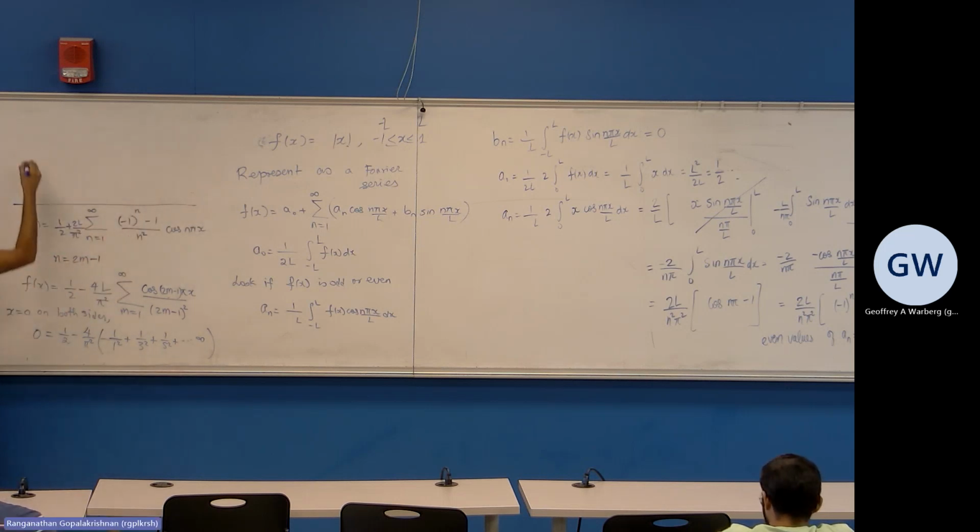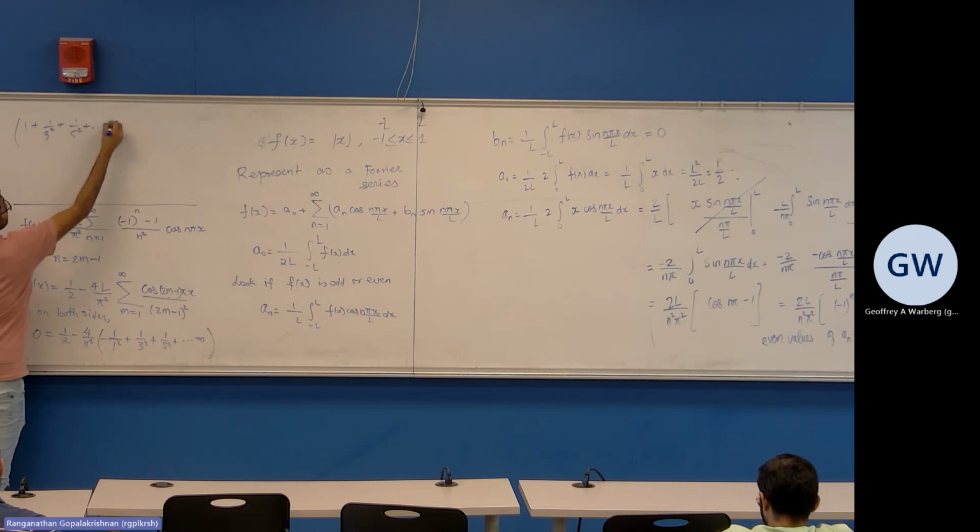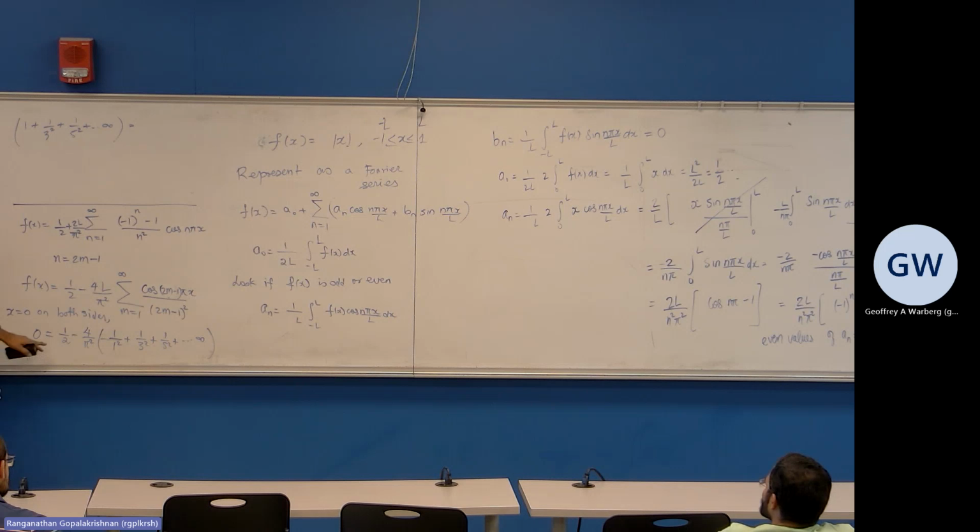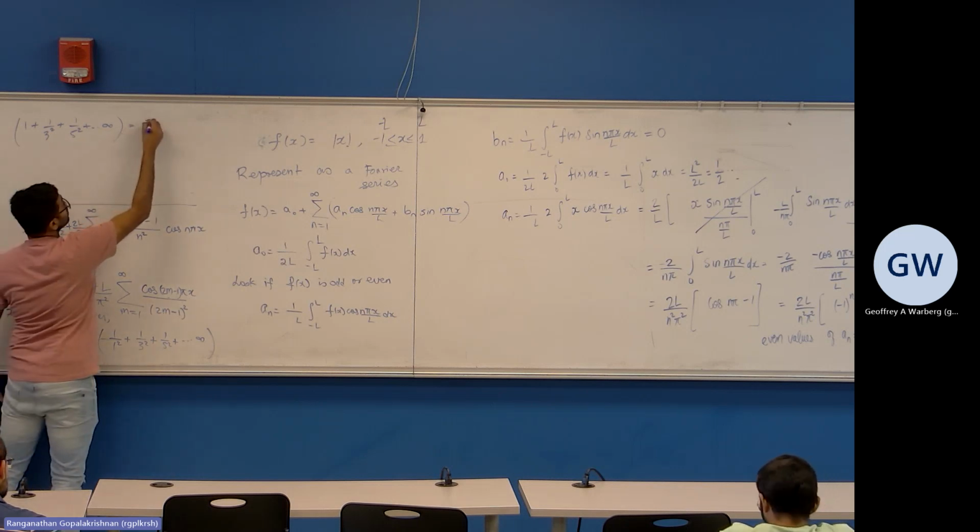So I would get the value of this series: 1 plus 1 over 3 squared plus 1 over 5 squared plus and so on is equal to pi squared over 8.